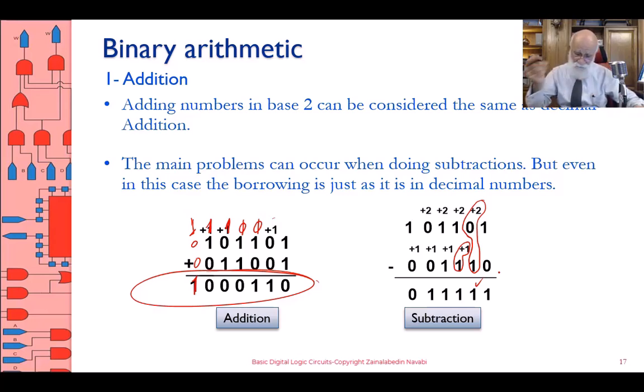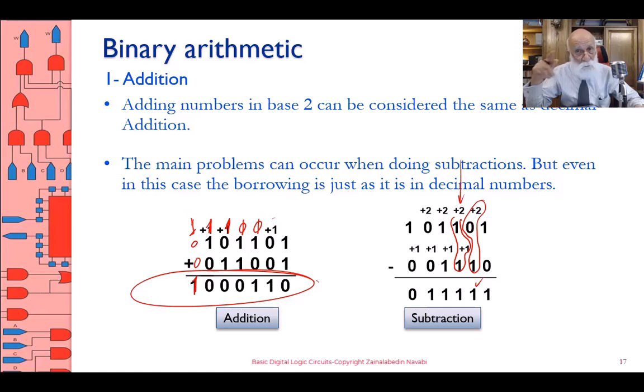Let's go on to the next position. What do I have in this position? I have 1 plus 1, which is 2, which I'm trying to subtract from a 1. I cannot do that. 2 from a 1, I cannot do that.